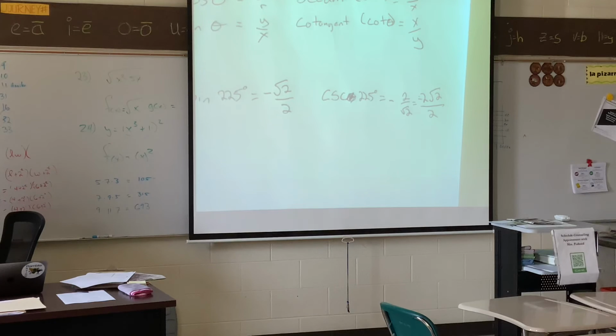What happens now, Bracken? So the cosecant at 225 degrees is -2. There's going to be some problems where they're going to use your unit circle and you have to use it to get cosecant, secant, or cotangent of these specific angles on your unit circle. Do you understand that?